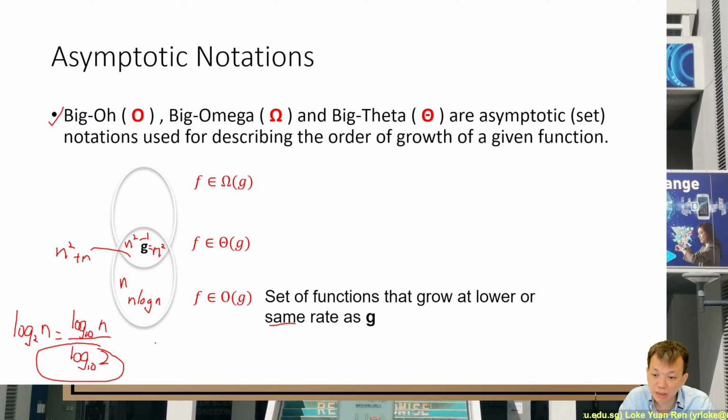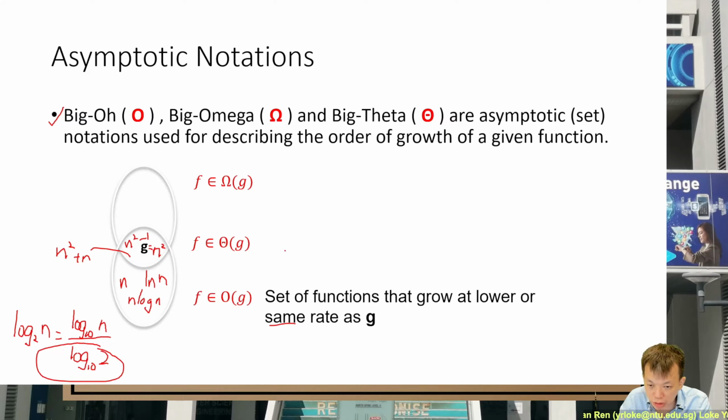So when we talk about logarithmic, base 2, base 10, base 5, base 7, or natural log, they are in the same growth rate, because I can easily change the base and just multiply a constant. If you plot the chart, the growth rates are about the same among different bases.